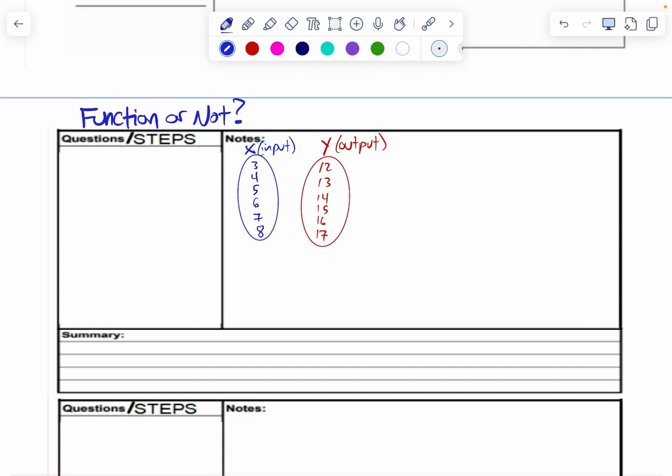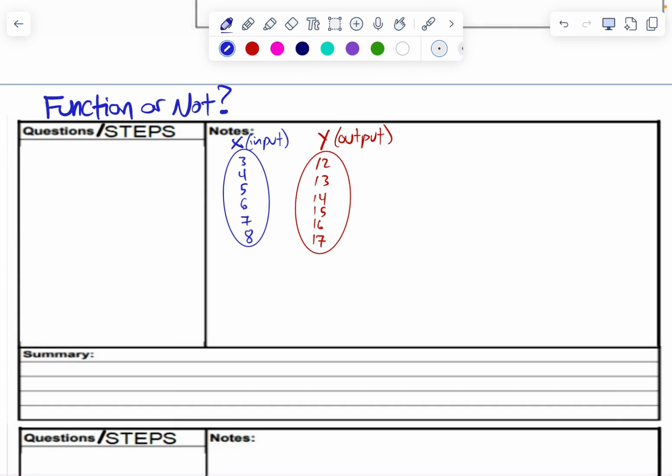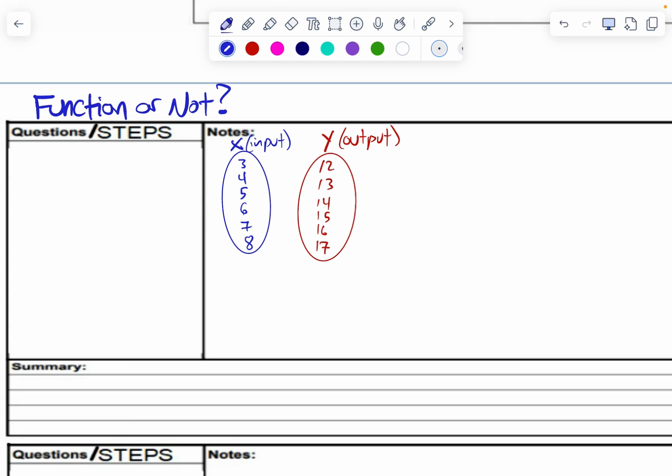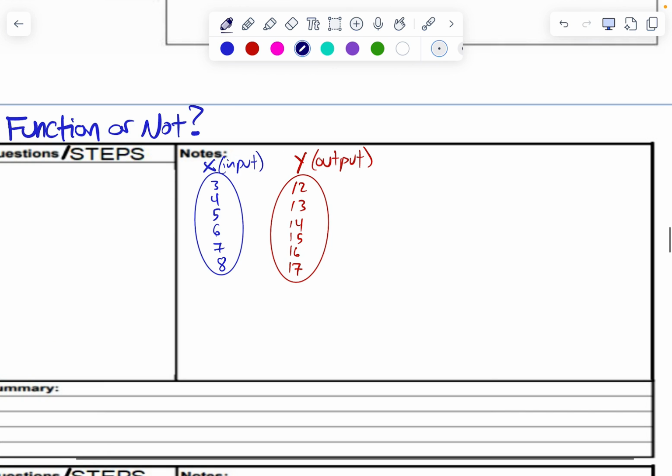So, here's the concept behind a function. Actually, I'm going to show you what I'm going to do. I'm going to start drawing arrows from input to output. And what do we have to be careful to not do? Yeah, exactly.